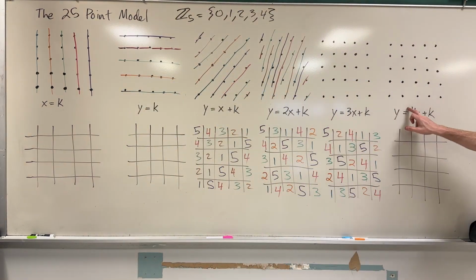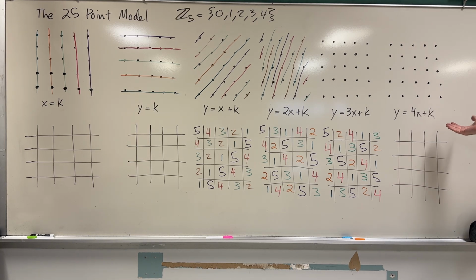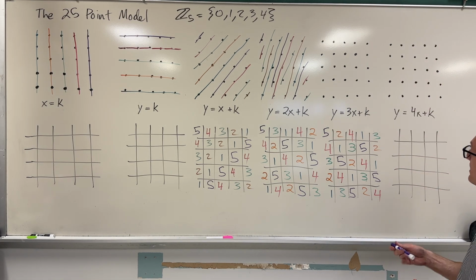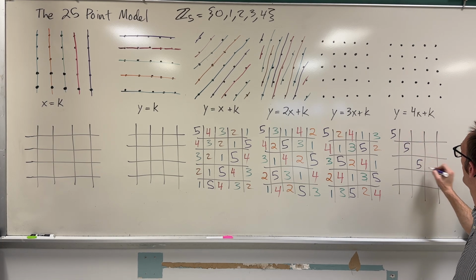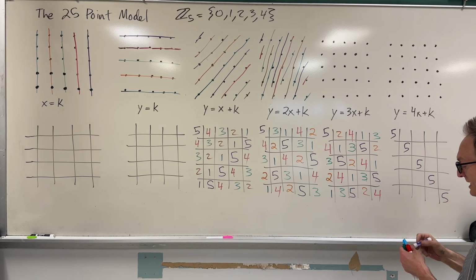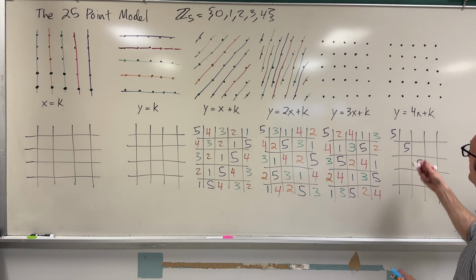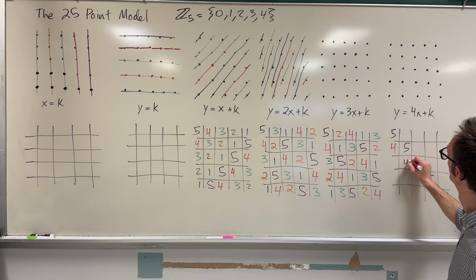Okay, the final one is all the lines with slope 4. This one's the easiest one, because all the lines with slope 4 is like all the lines having slope negative 1. And so this time I'll just draw my lines with slope negative 1. For consistency, I'll do it like that. Slope negative 1.